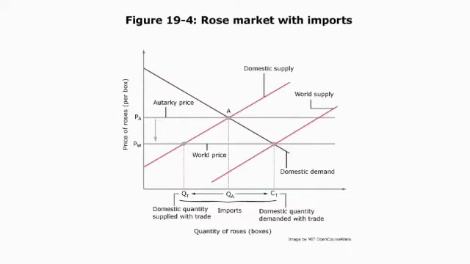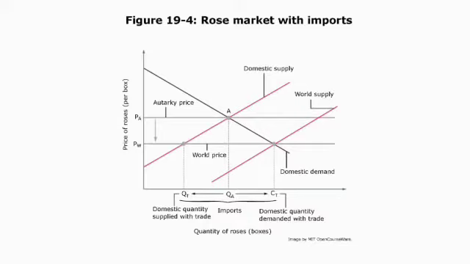Okay? Now, in figure 19.4, we're going to introduce international trade. It's a little confusing, so let's go through it slowly. In figure 19.4, you can find the domestic supply and the domestic demand, and they intersect at point A, which is once again a quantity of Q sub A and a price of P sub A. Now, let's say that what happens is we now allow imports of roses.